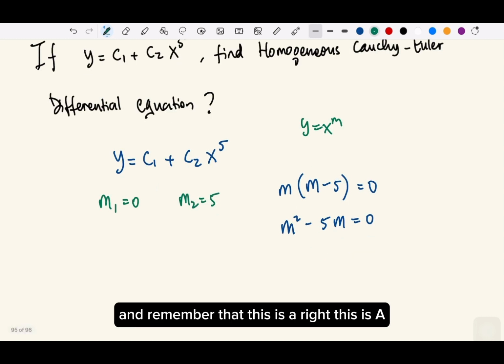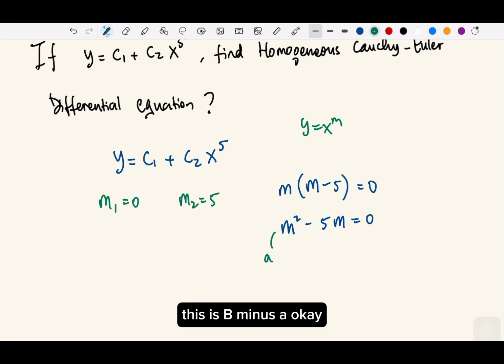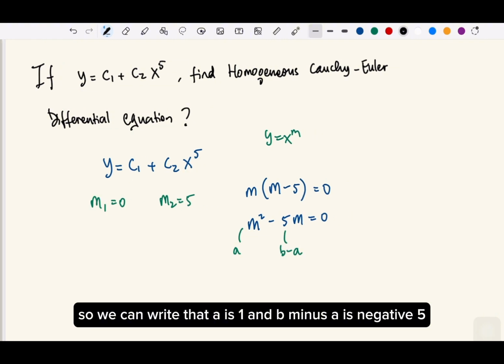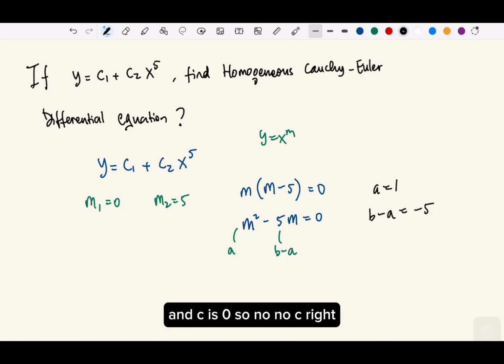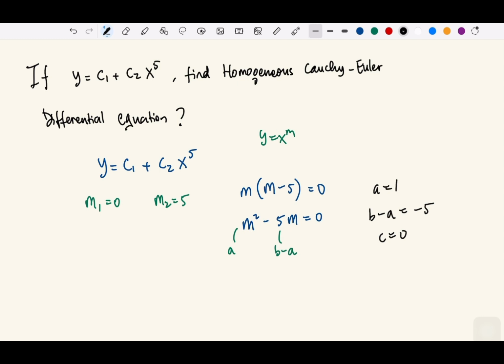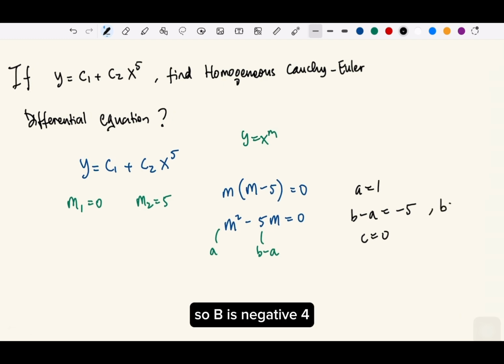And remember that this is a, this is b minus a. So we can write that a is 1 and b minus a is negative 5, and c is 0, so no c, right? Since a is 1, b is negative 4.